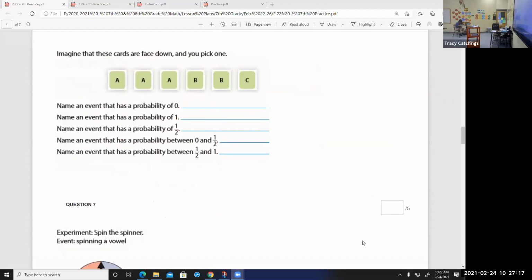All right, let's look at 6. It says imagine that these cards are face down and we pick one. Name an event that has a probability of 0. If my probability is 0, what does that mean? Impossible. Or in other words, it's not there. So think about what we have and what could be impossible.